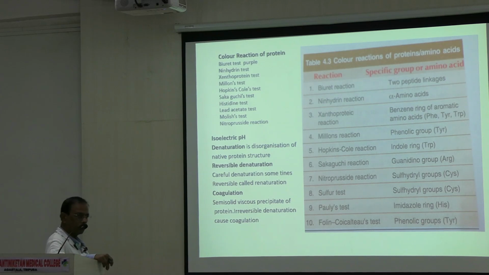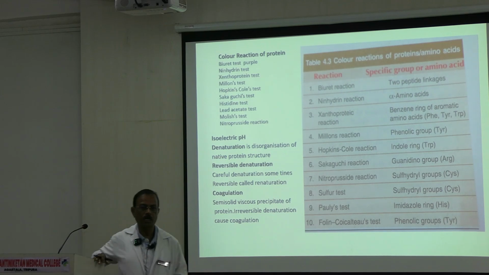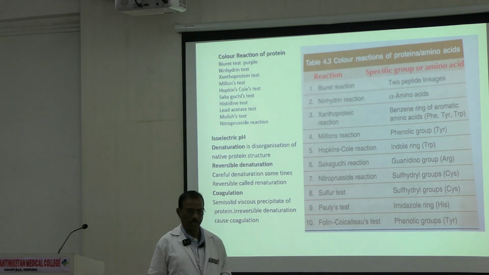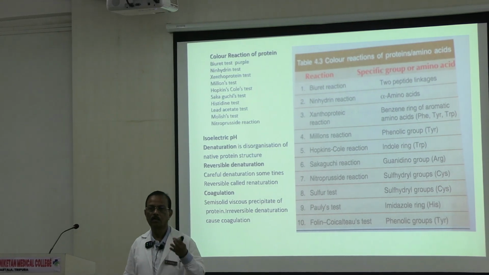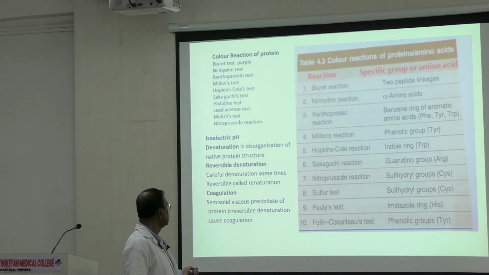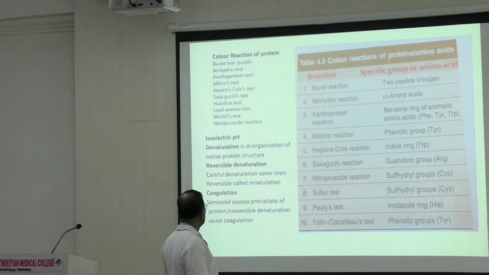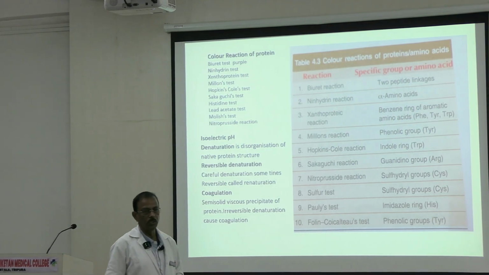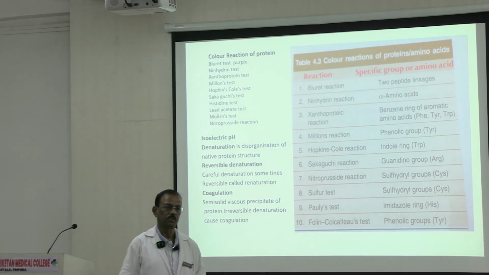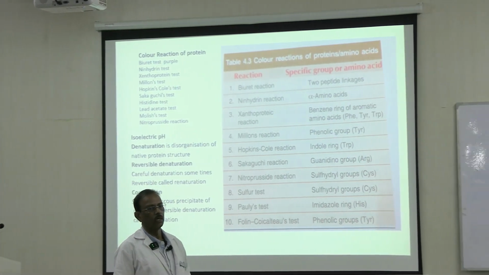Isoelectric pH we have discussed. Denaturation is the disorganization of the native protein structure by agents, chemical or physical. Denaturation is usually irreversible, but in some cases it may be reversible.